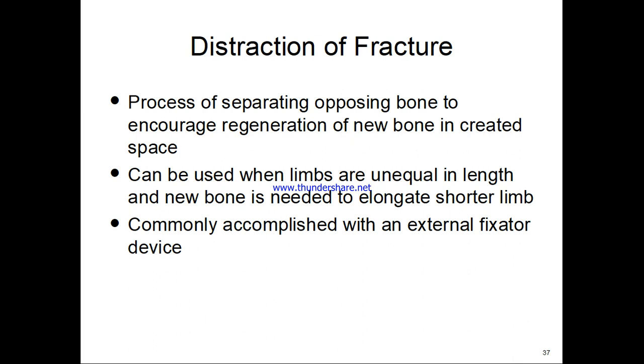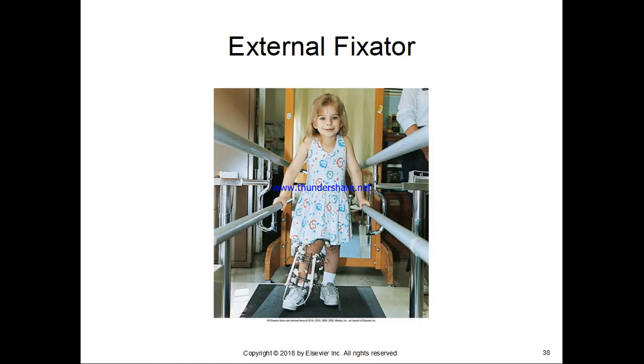This is accomplished with an external fixator device. And this is a photo of a little girl doing her therapy with a fixator device in place. These do have pins that go into the bone and protrude out through the skin. She obviously has good pain control because she is smiling for her picture, unlike our grouchy little girl who was in halo traction.